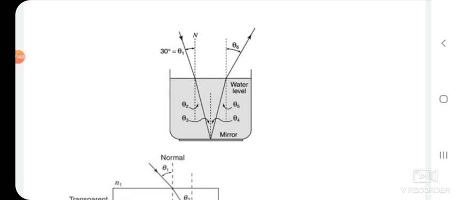First, what will be the angle of refraction in the water if the angle in air is 30 degrees? Second, at what angle will the beam leave the water? So let us try to understand this problem.